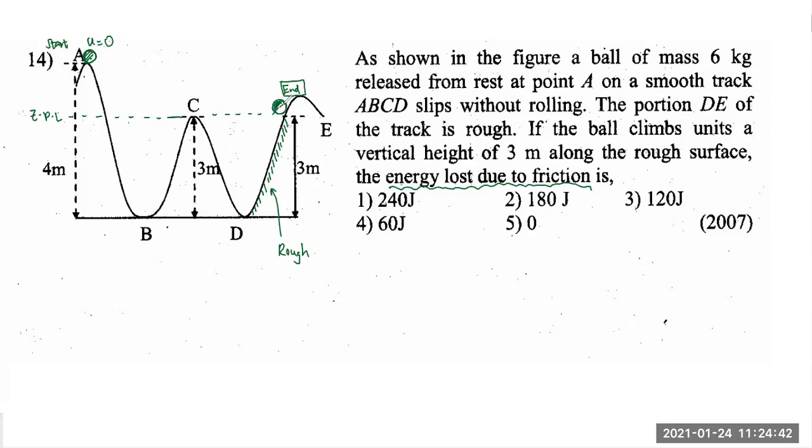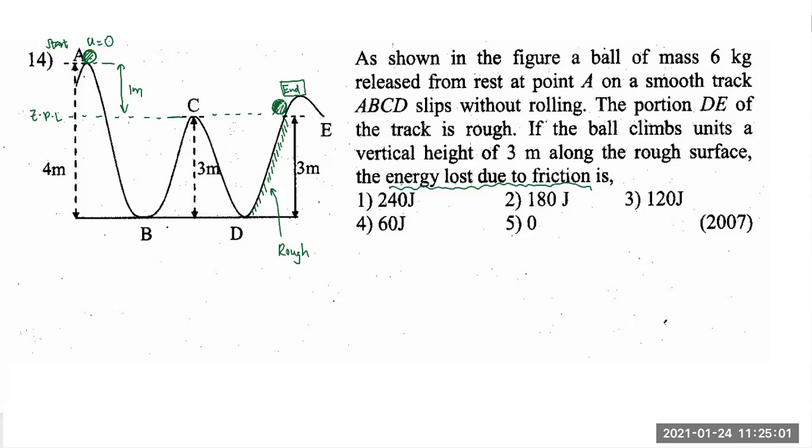Right, 3 meters. Anyways, that is a zero potential level, so the height I need to worry about is this 1 meter. You can take the ground as your zero potential level also, no problem, but there's no point in that. I'm going to take this as my zero potential level.